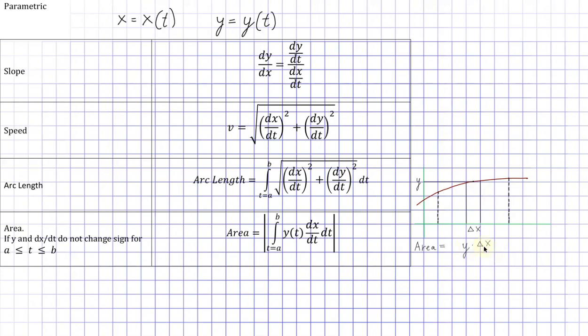So this is just an approximation for the area of one bar, and then, as is done in calculus 2, we add up all these bars under the red curve, and that is integration. The whole area is equal to the integral of this expression, y times delta x.